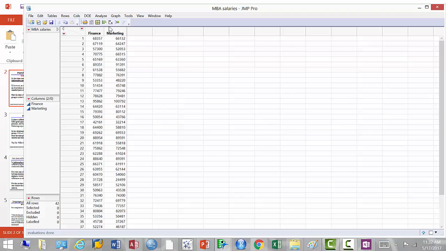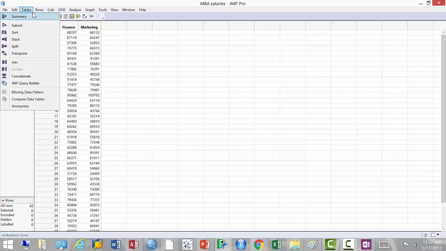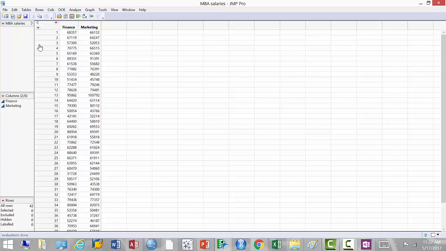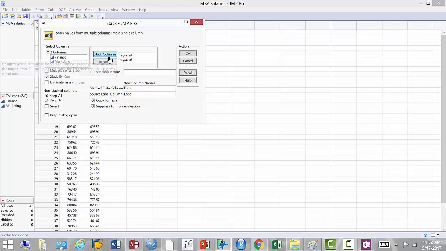Stack them, right? For independent samples, we need to stack the columns. So I'm going to go to Tables, Stack, and there it says, which columns do you want to stack, my dear friend? And that would be finance stacked with marketing.